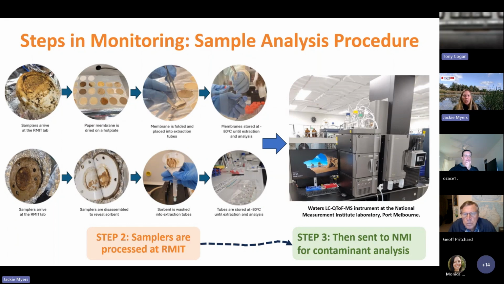This technology allows us to look for a known list of contaminants, things that we think will or could possibly be present in the waters, but it also allows us to compare to a library of up to 40,000 different chemicals. These are unknown chemicals that we look at at the site as well.